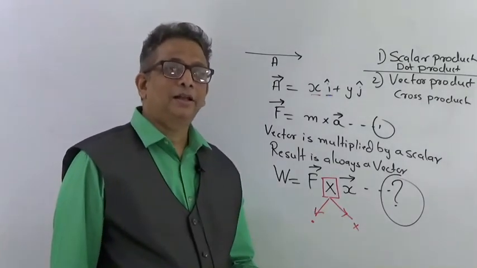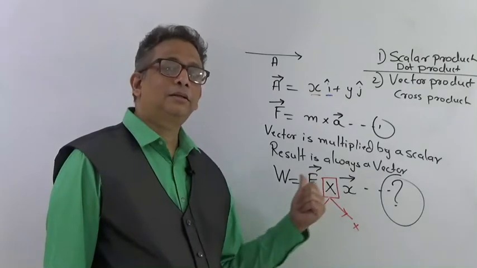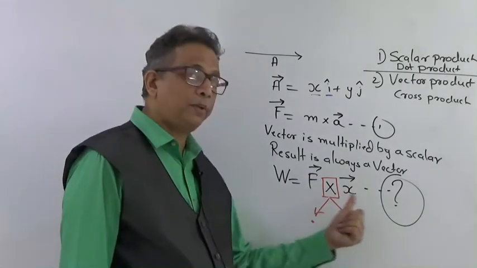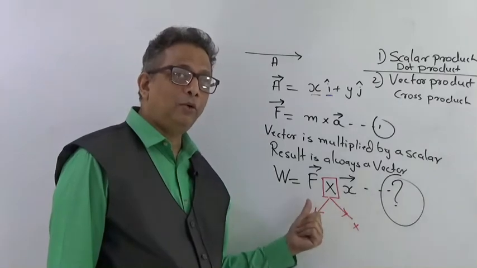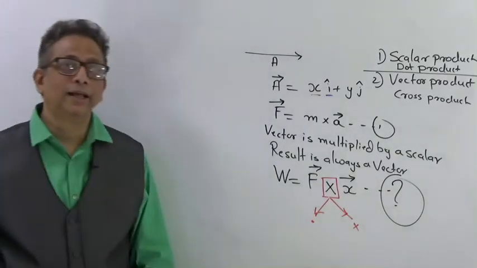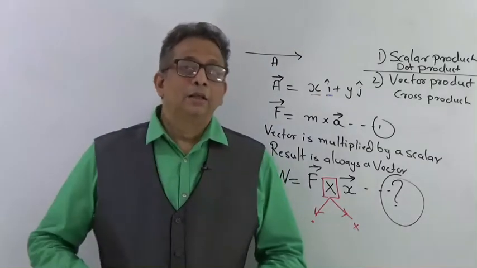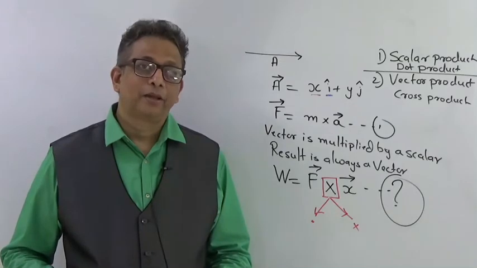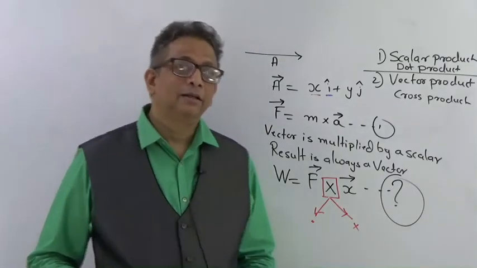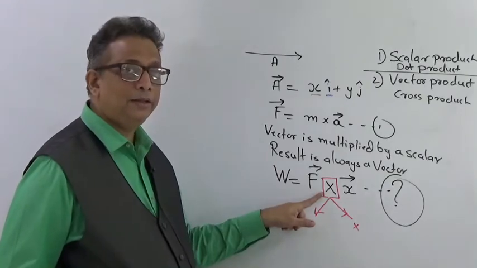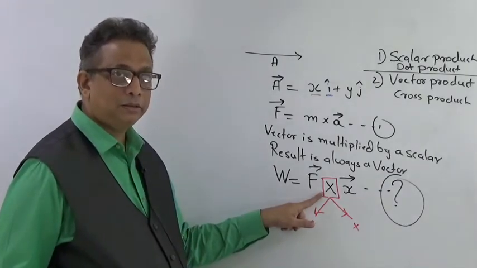Now here there is a bit of controversy. In physics you should know the type of output that you are going to get when you multiply two vectors. When I multiply force and displacement, I get an entity called work done. Work done is not a vector, it is a scalar. If work done is a scalar, that means this multiplication will be performed by which product?